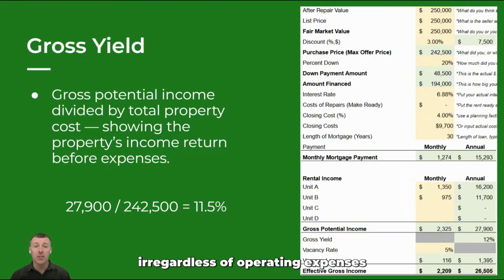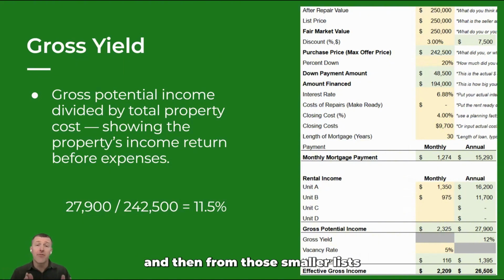Now, this is helpful because it shows how the property is going to perform regardless of operating expenses. Typically, as an investor, you can control your operating expenses. So if you sort a list of properties by what you think you could buy them for and what you think their gross potential income would be, it's going to help filter a large list of properties down into a smaller list.